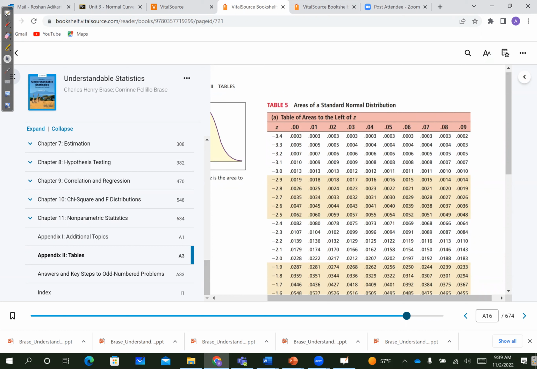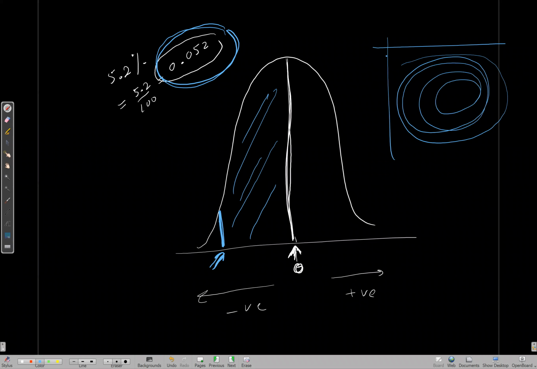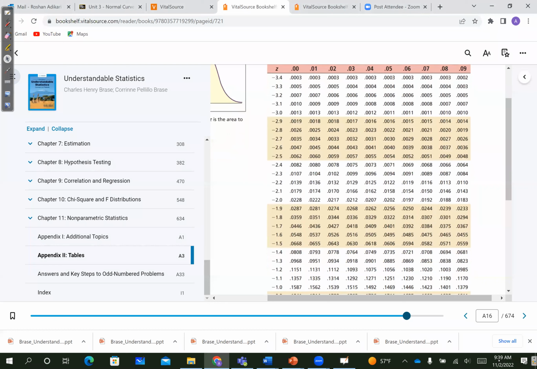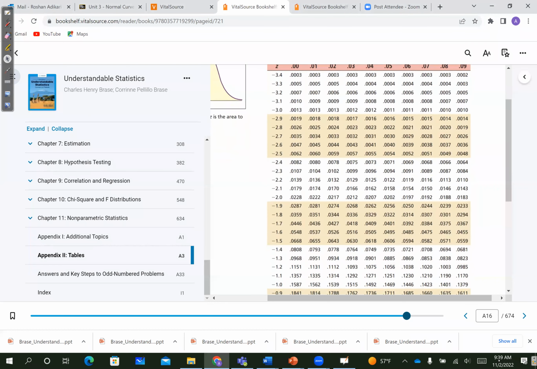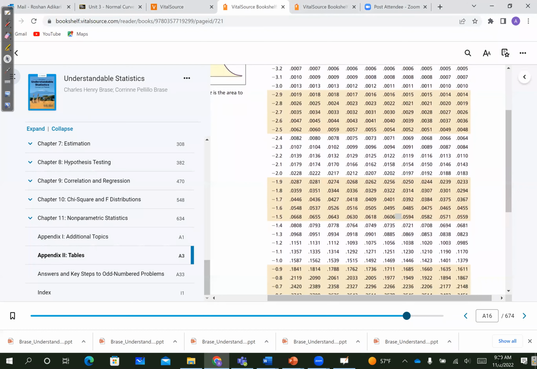So those middle values on your table are the area. So you have to find 0.052. Where? Well, now you have to look at the column, 0.0505.